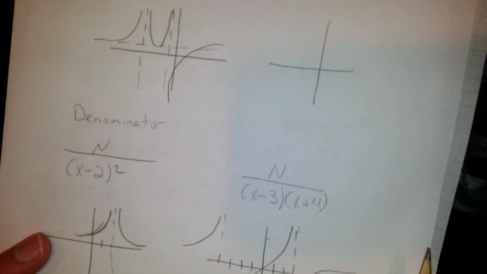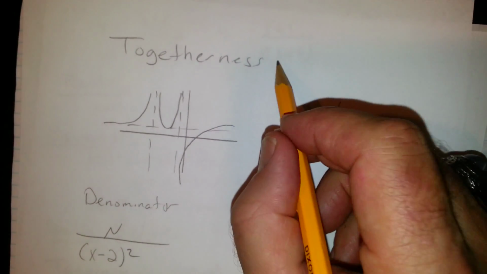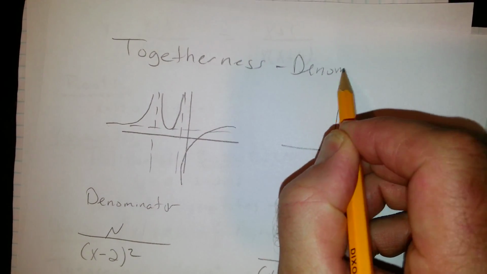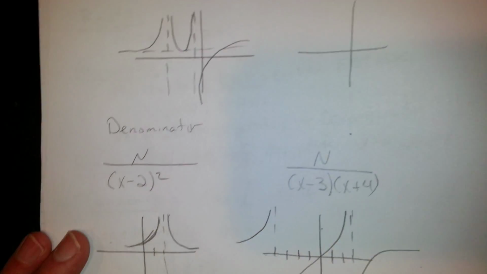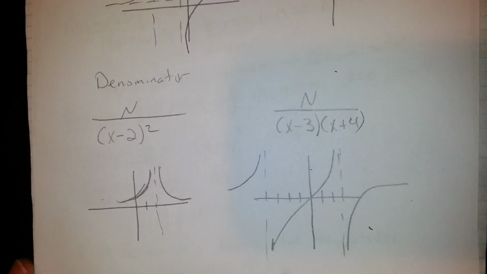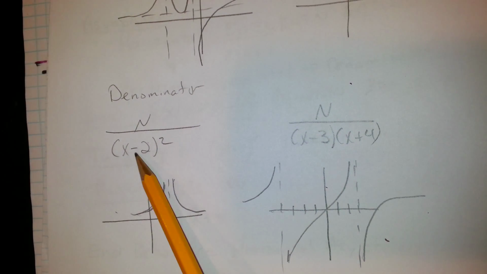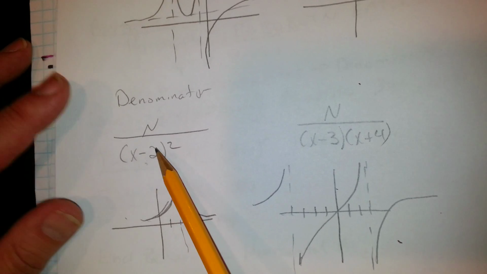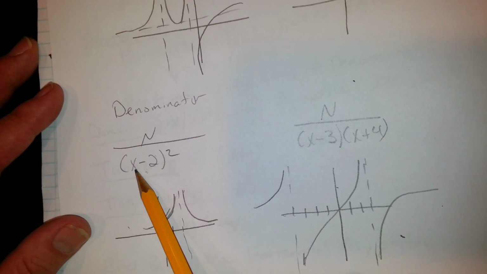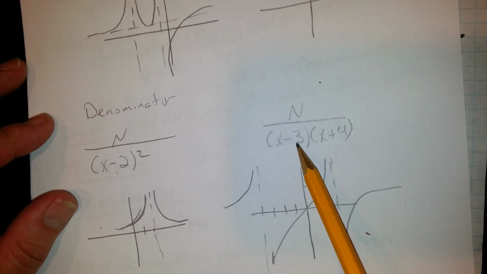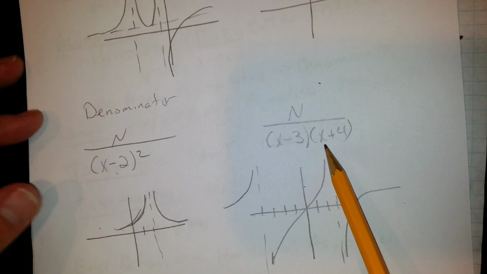I have 3 minutes already. Togetherness. This togetherness is a denominator function. Remember, we get our domain from the denominator, the things that we can't have happen because we don't want undefined functions. So here, x can't be 2, and here, x can't be 3 or negative 4.